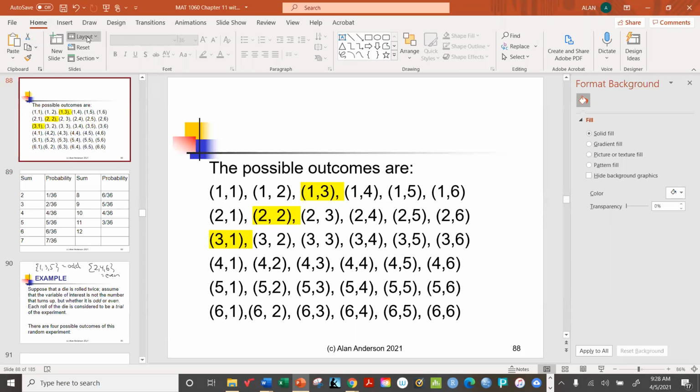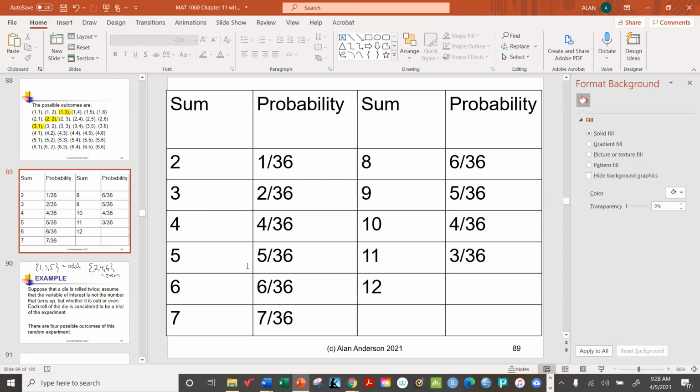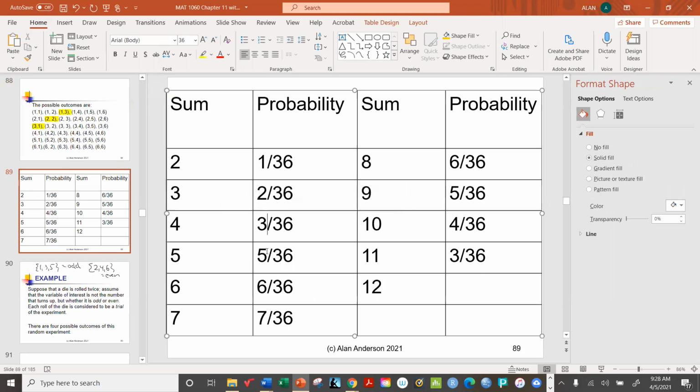Let's see, the number of ways of getting a 7. Oh, I know, I screwed it up right here. I jumped from 2 to 4. Okay. I was going to say that doesn't look right because they have to go back to the original numbers. Okay, there we go. They have to add up to 36 out of 36. That's not going to happen.